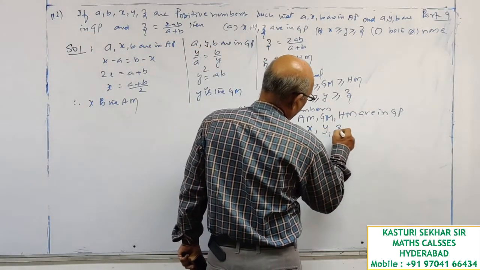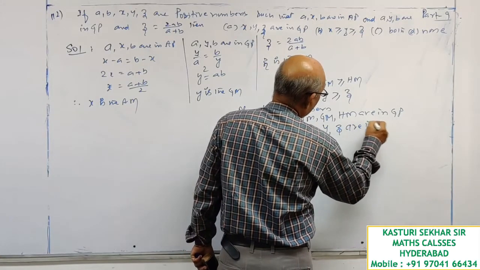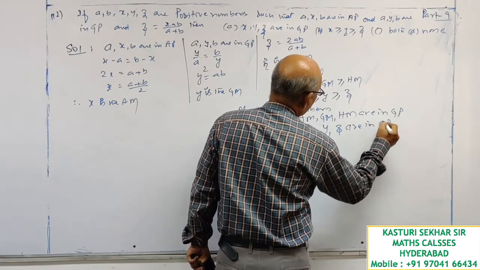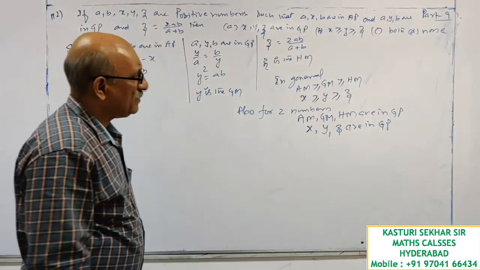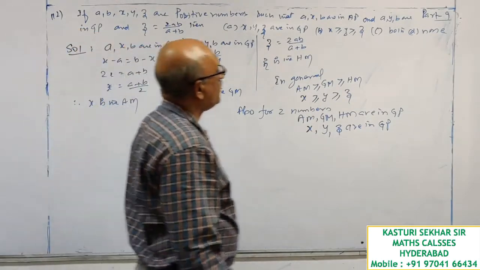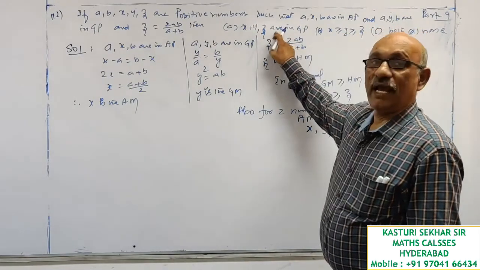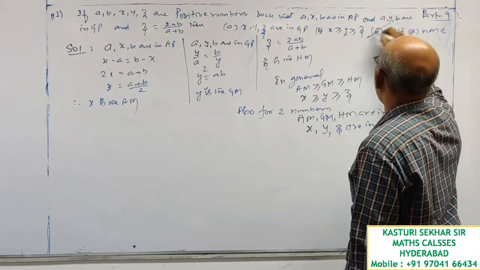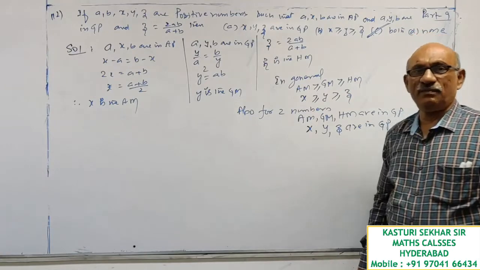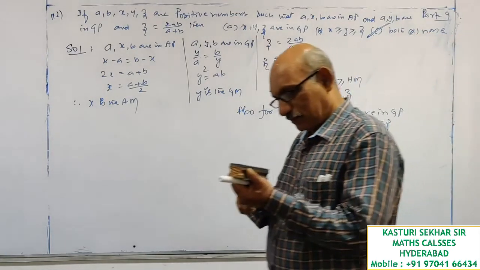So x, y, z are in GP. So option B is true, option A also true. It means C, both A and B, is the answer to the given question.